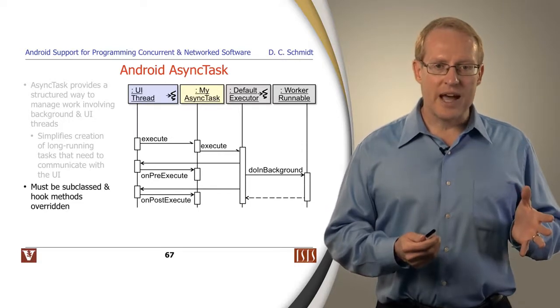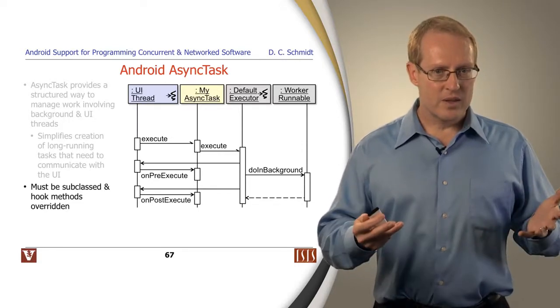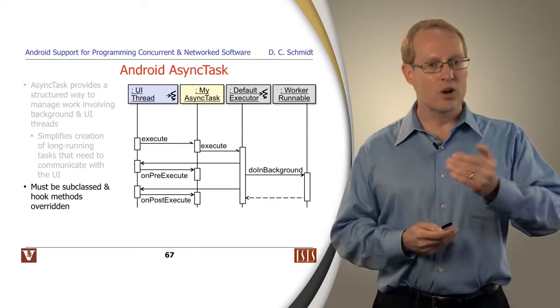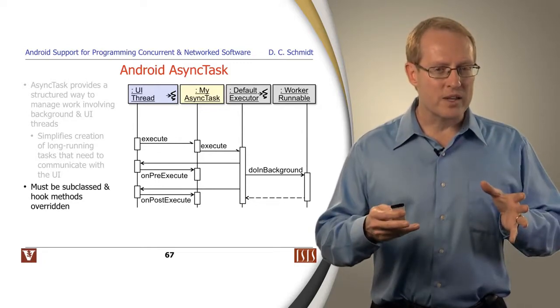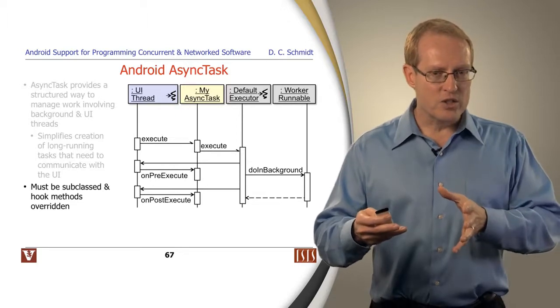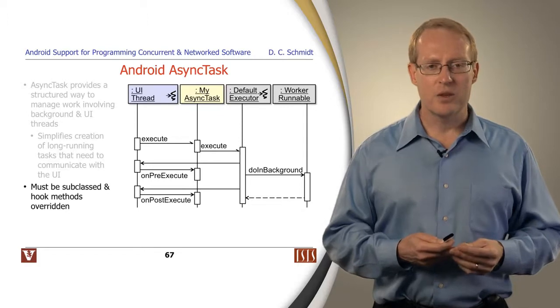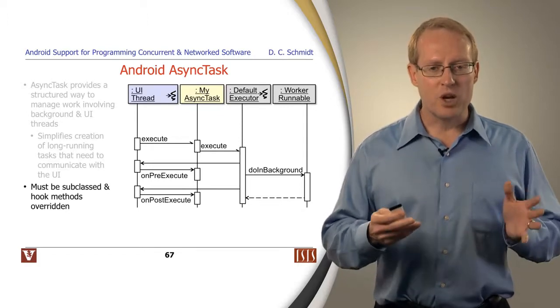To use async task, you have to inherit from the async task base class and then override certain hook methods. We'll talk more about this in later sections when we talk about frameworks. We'll talk a lot about async task, and we'll show some examples in other parts of the course. But here's a quick summary.